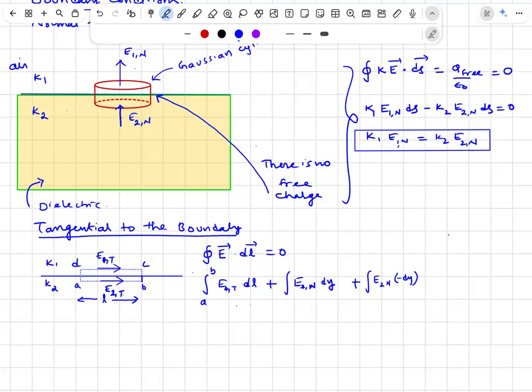Why? Because when you go up, the same amount you come down.